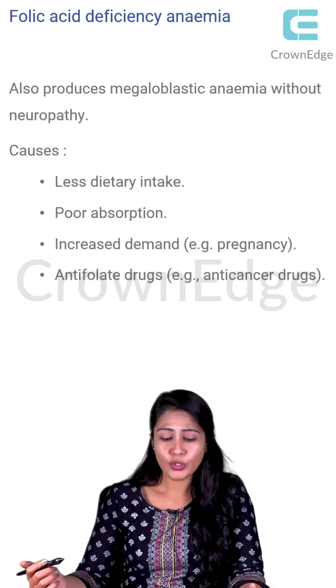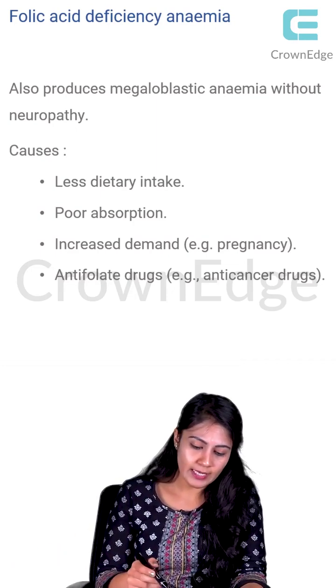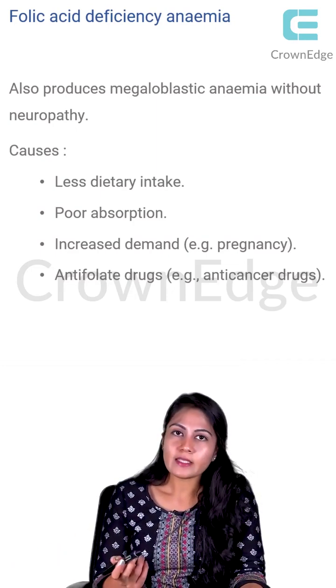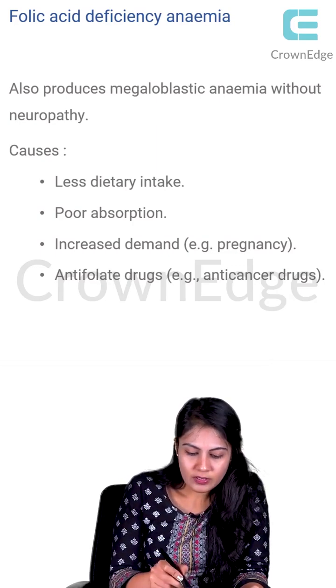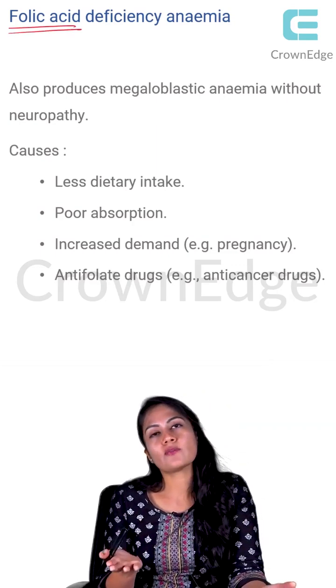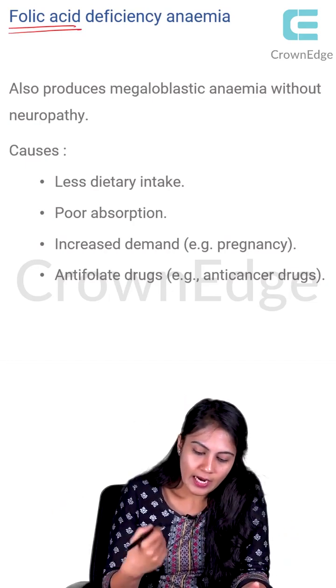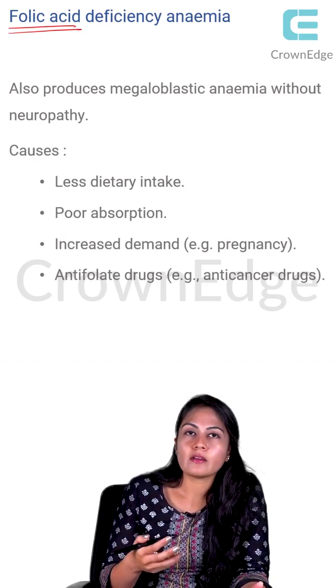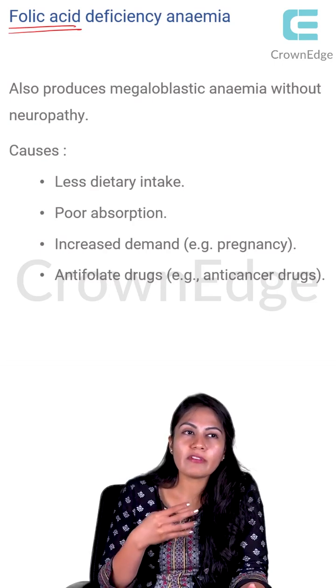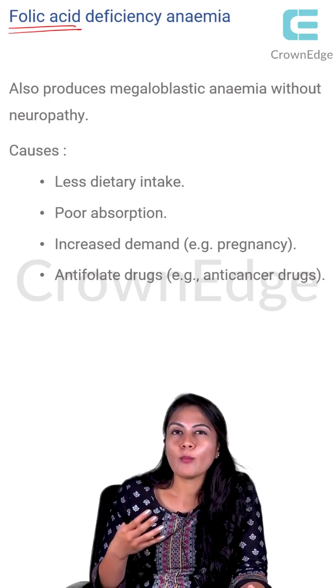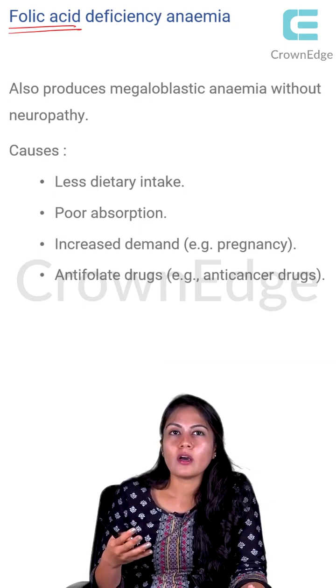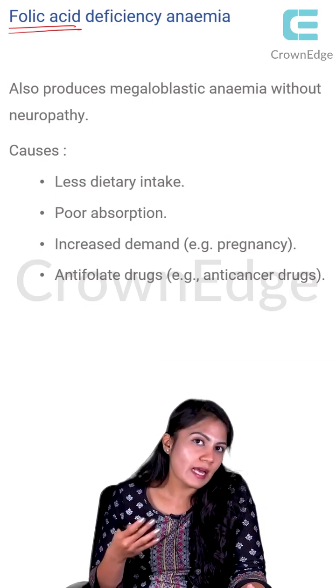Let's move on to folic acid deficiency anemia. The name itself suggests there is a deficiency of folic acid. This is very, very common. Why? Because most of our food does not have much folic acid.